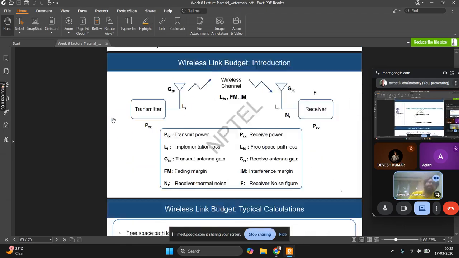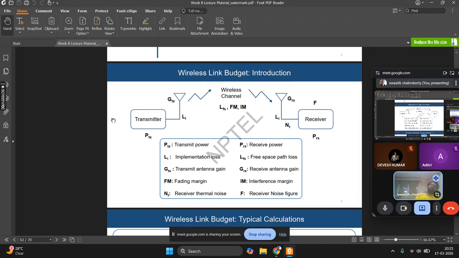Okay, now I will briefly touch upon link budget. So link budget means the amount of power that you have to keep as margin. So you are transmitting a certain power, it is being boosted by the antenna.